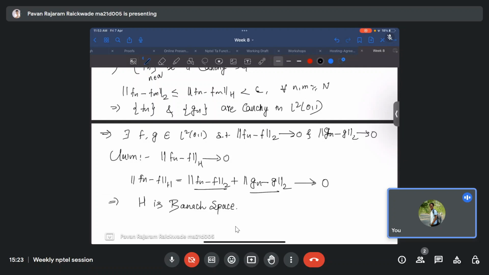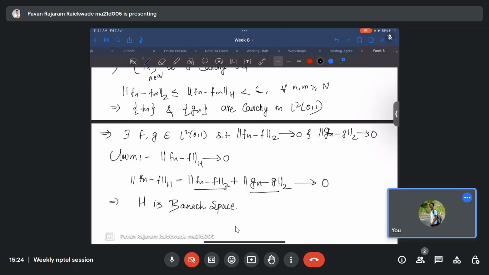Also, you can give another reasoning: this is the graph norm. This is the usual graph norm we define for any operator, and if the operator is closed, then the graph norm is a complete norm.